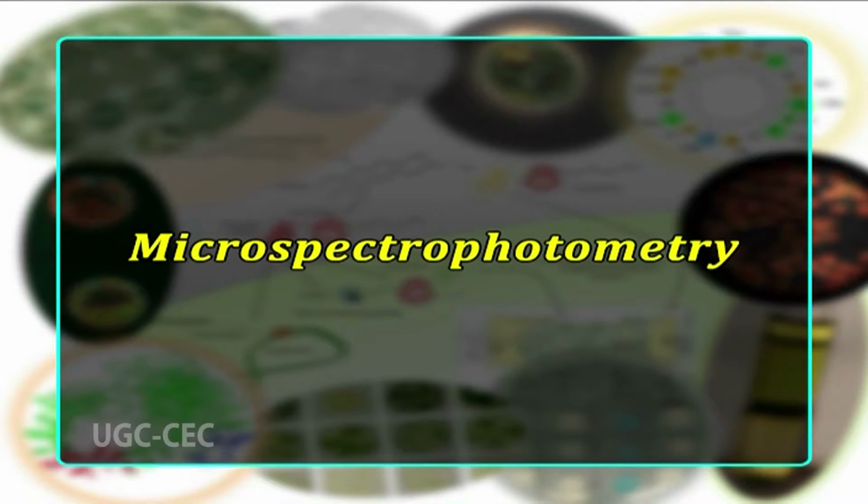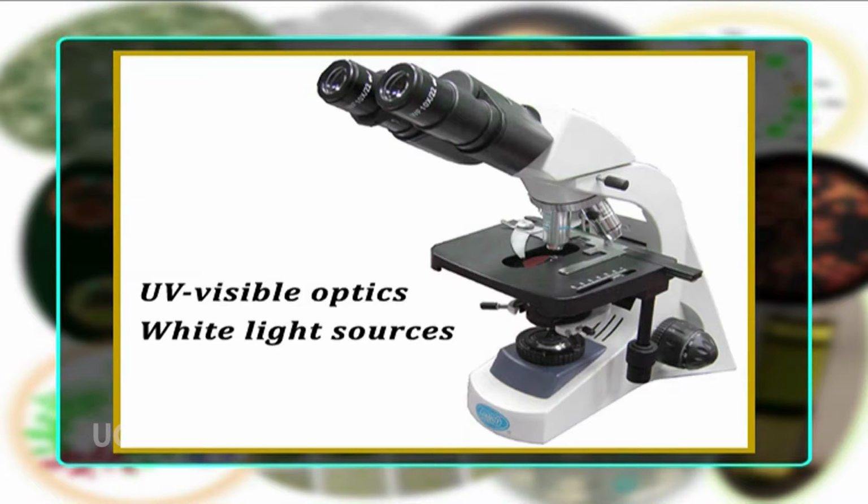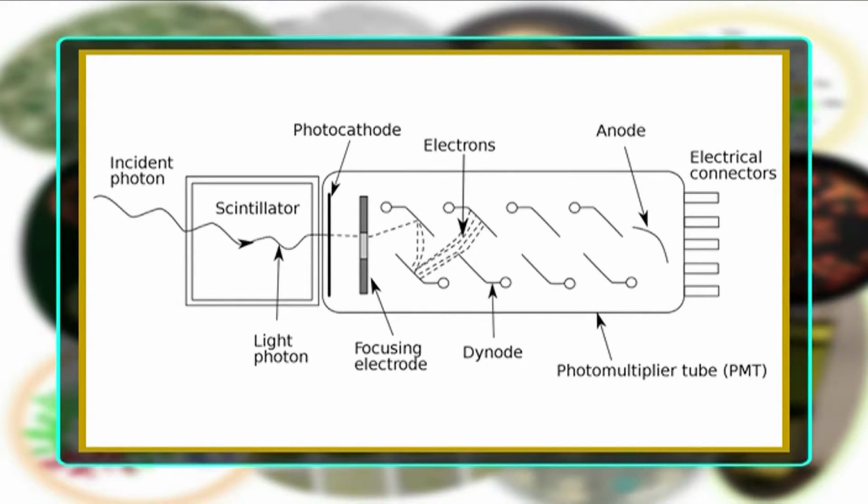We will now briefly discuss our next important technique, microspectrophotometry. UV visible spectroscopy of microscopic samples is done by integrating an optical microscope with UV visible optics. White light sources, a monochromator and a sensitive detector such as a charge coupled device (CCD) or photomultiplier tube (PMT) can be used.